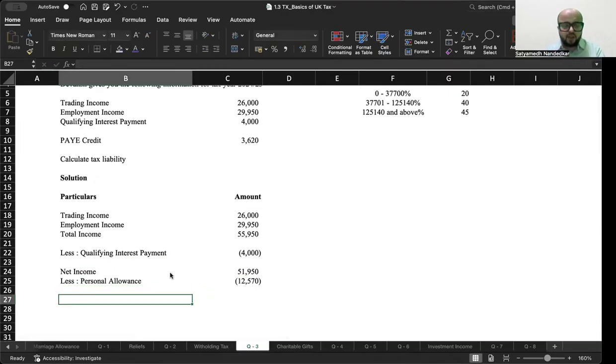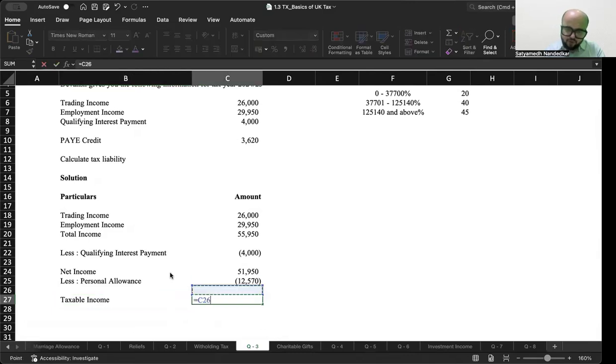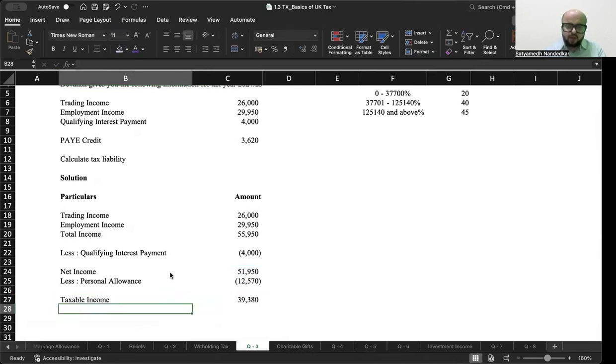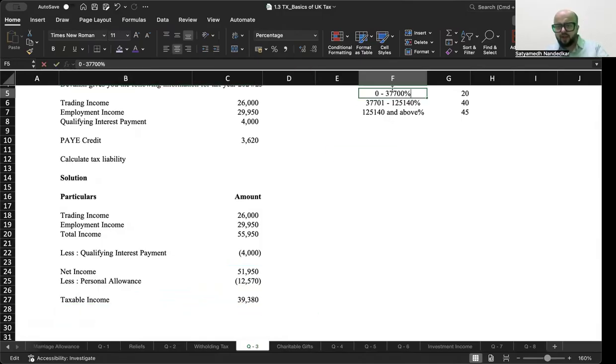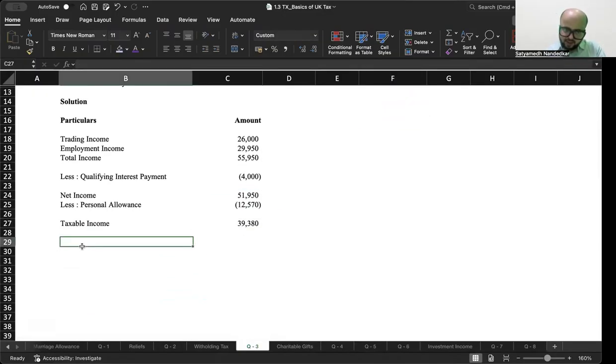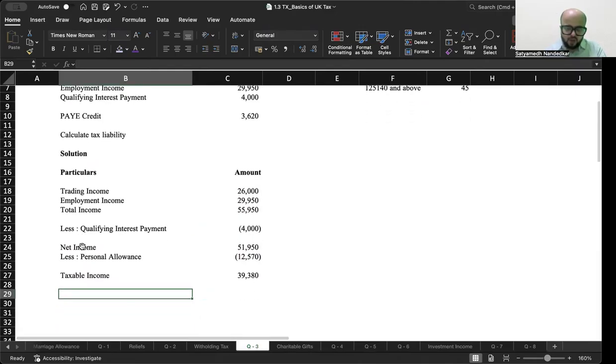What are we left with? We are left with a taxable income of how much? 39,380. Now we know that our basic rate band is 0 to 37,700. 37,701 to 125,140 is our higher rate band. This person's taxable income is 39,380. Correct.